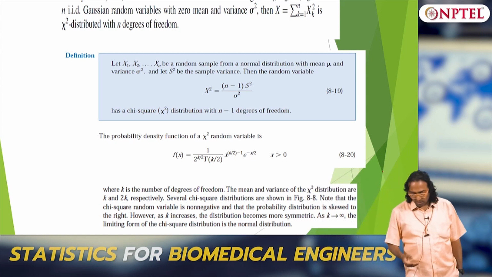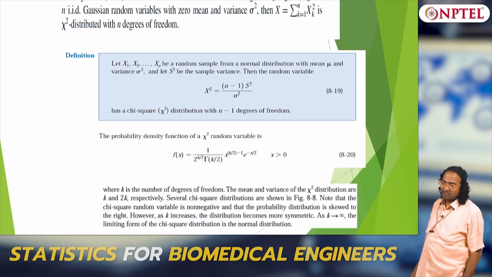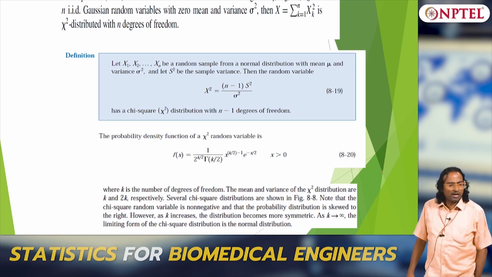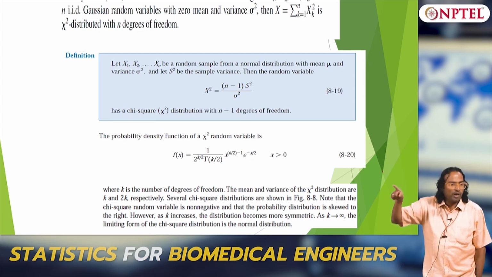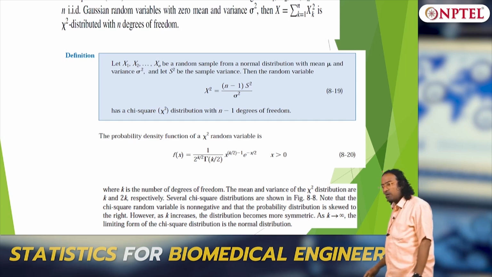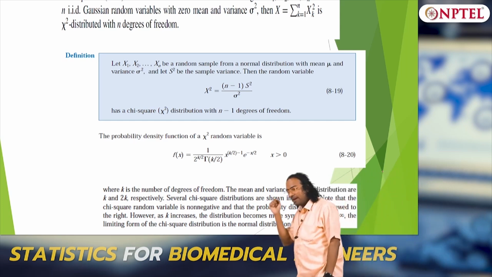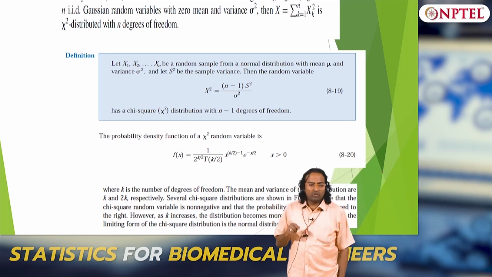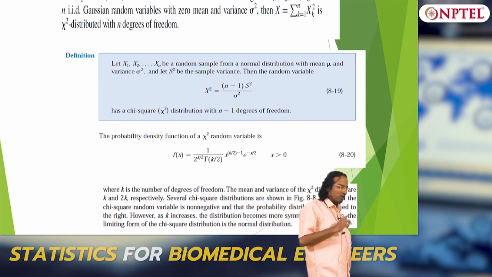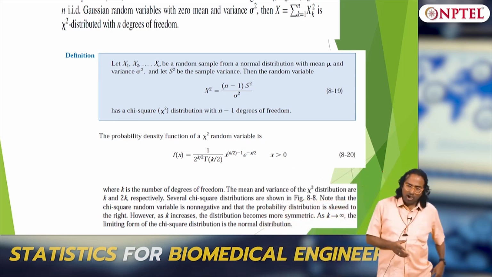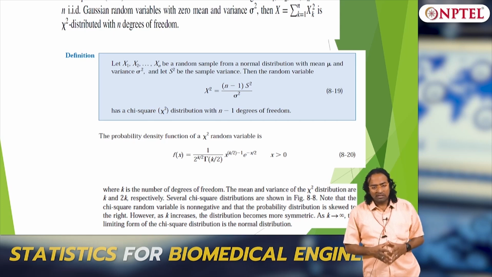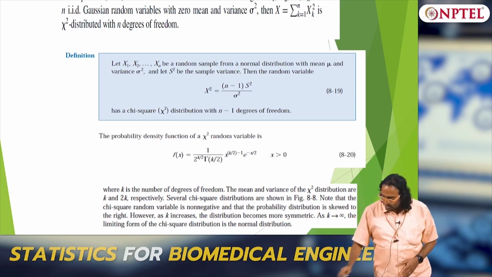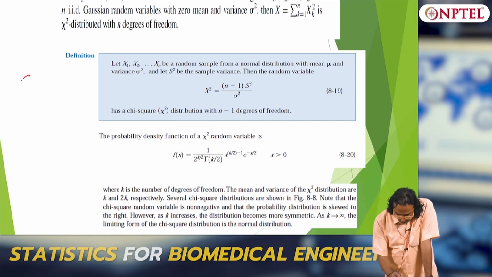The first question that comes to mind is, what is the underlying distribution of S squared? Remember, we talked about the underlying distribution of x bar, which, using the central limit theorem, became a normal distribution. Now we are going to talk about the sampling distribution of S squared.